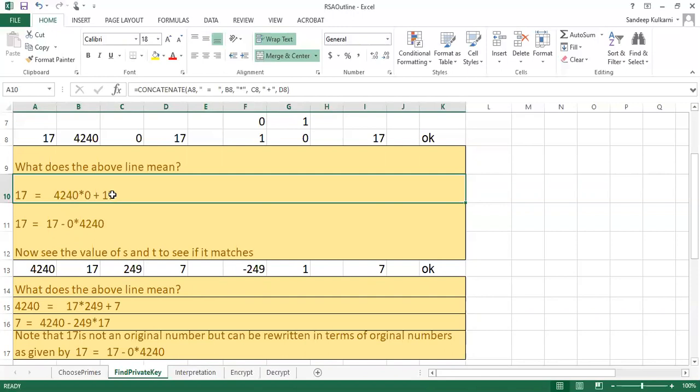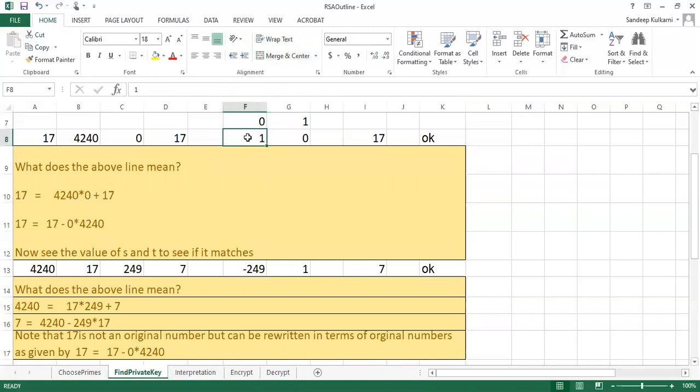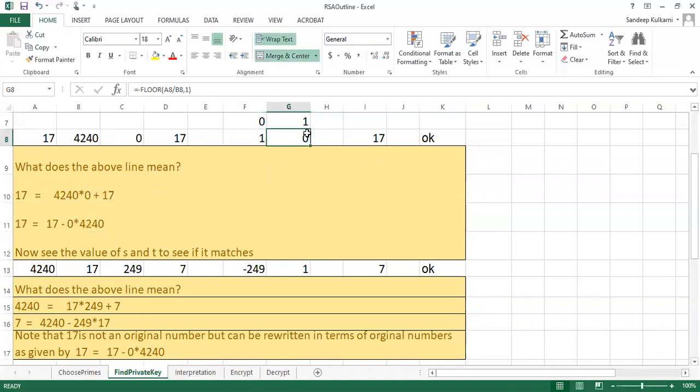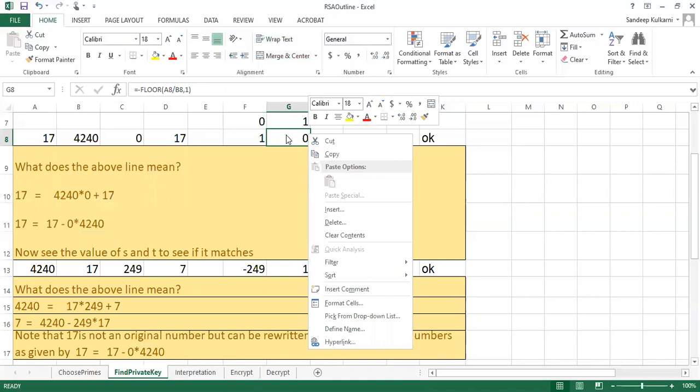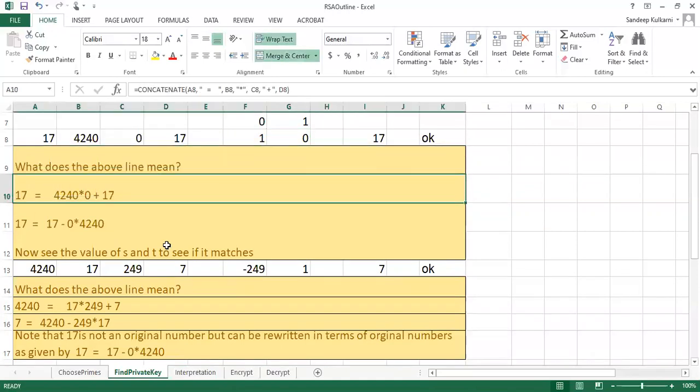Now we want to write the remainder in terms of the original numbers. So we wrote 17 is equal to 17 minus 0 times 4240. So the multiplier of 17 happens to be 1. The multiplier of 4240 happens to be 0. And that's exactly what we have calculated. You can look up the spreadsheet to see exactly how the formulas are working, but that's what we are doing today.